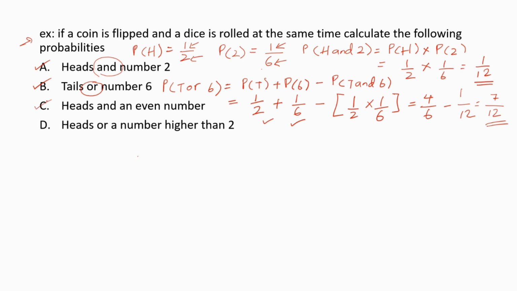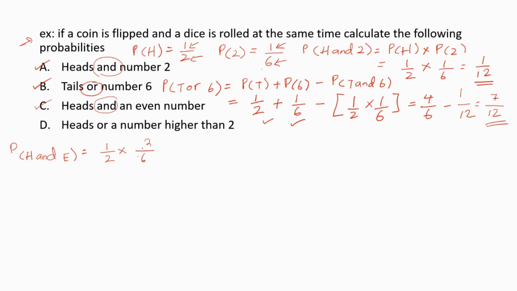Option C, probability of getting heads and an even number. You see the AND, so this is the multiplication law. The probability of getting heads and getting an even number, let's say E, equals 1 over 2 multiplied by, there are 6 sides, how many even numbers? 2, 4, 6.